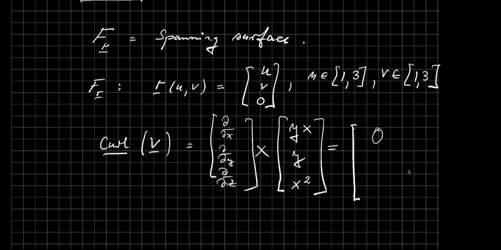The next one will be this times this minus this times this, and this will be minus 2x.